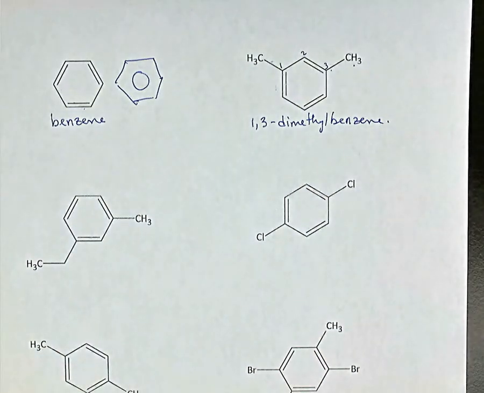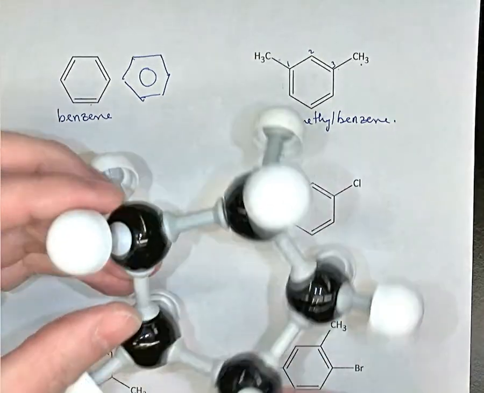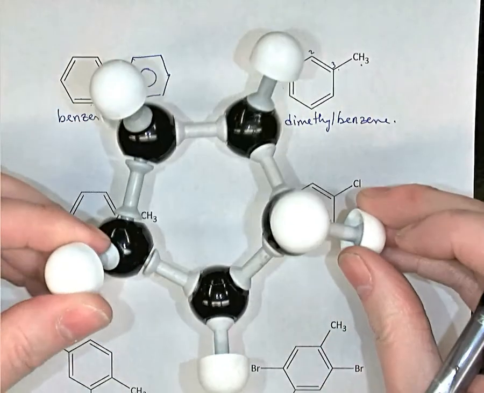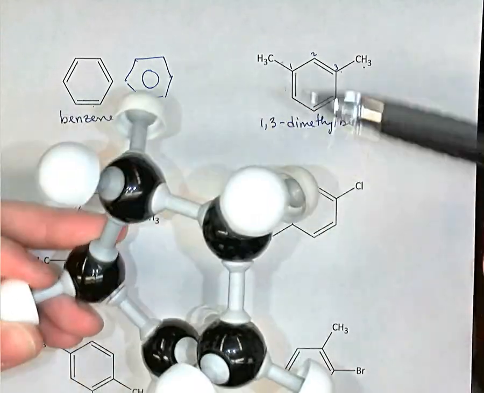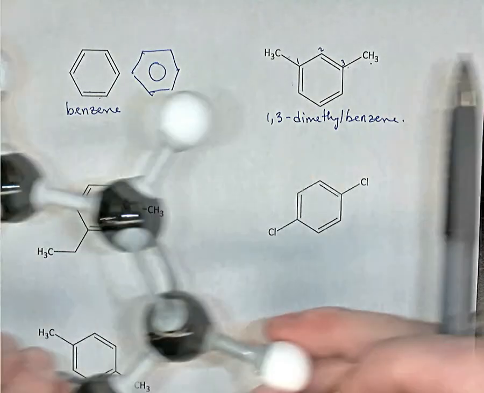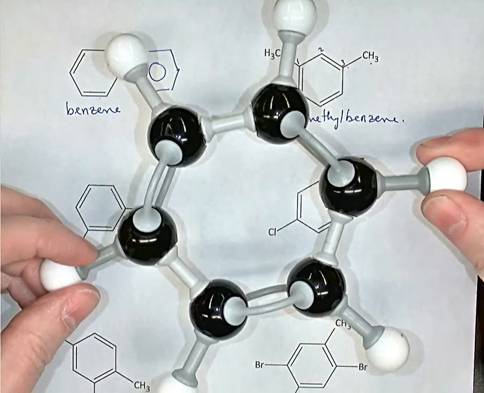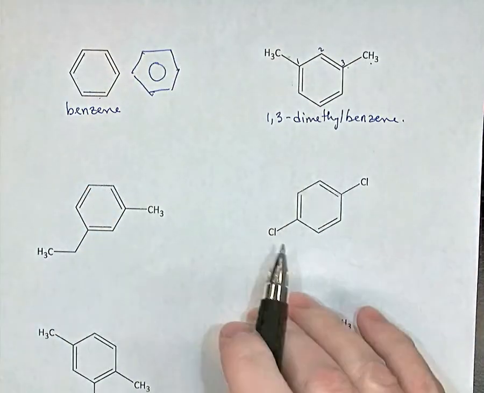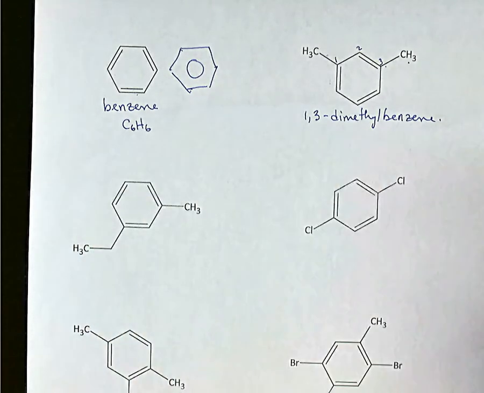And I didn't emphasize this, but notice here was our cycloalkane example, cyclopentane that I had earlier. Notice that each carbon in the ring had 2 hydrogen atoms coming off of it. But when you look at benzene, each carbon has only 1 hydrogen coming off of it. So the chemical formula for benzene is just C6H6.